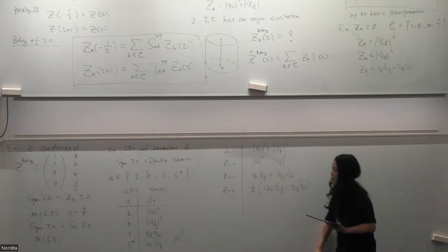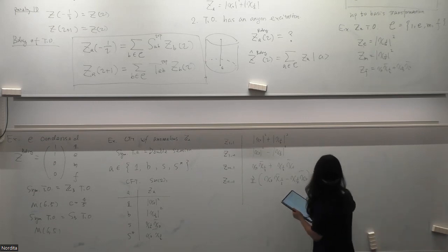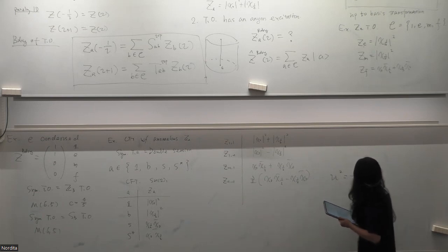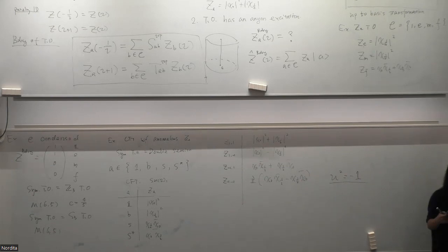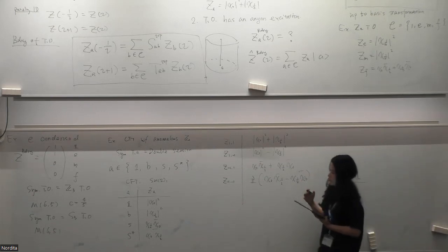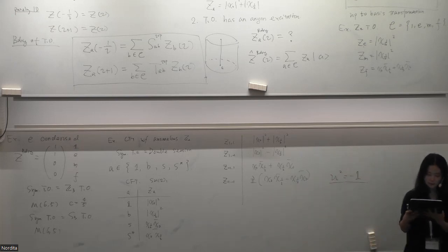So it means that in the twisted sector, the Z2 symmetry U acts as -1. So the symmetry is fractionalized in the twisted sectors. That's the very obvious way to see that this symmetry is anomalous.